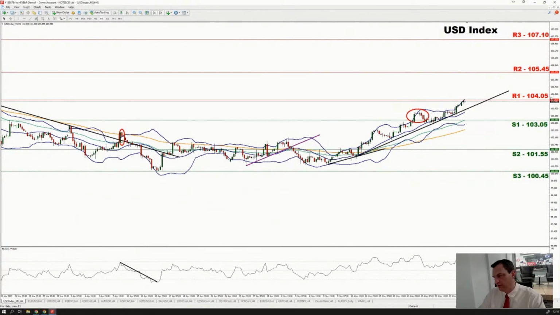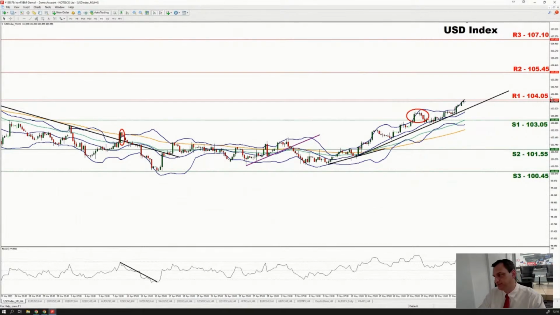Once again, on the technical level, we would be highlighting the fact that a possible correction lower may be in the cards, given the RSI indicator being above the reading of 70 and the price action hitting constantly on the upper Bollinger Band. Yet, as long as the price action remains above the upward trend line guiding the index, we tend to maintain our bullish outlook.